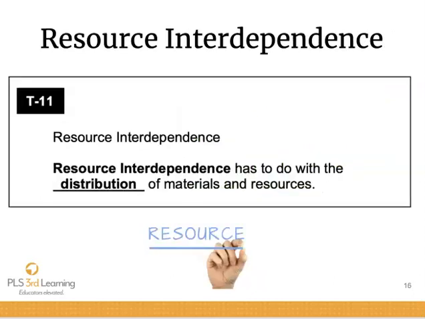The first letter of rope, the R, stands for resources. What do we call resources in the classroom? People and materials. The resources in the classroom are materials and people. Resource interdependence has to do with the distribution of materials and people. You have had some experience with this concept in starters.